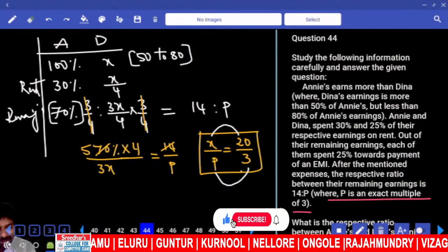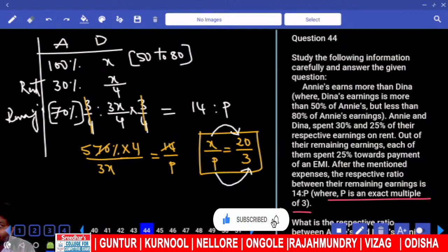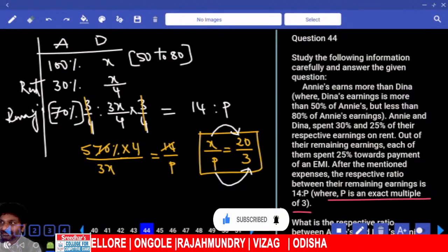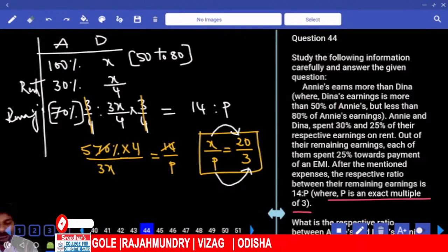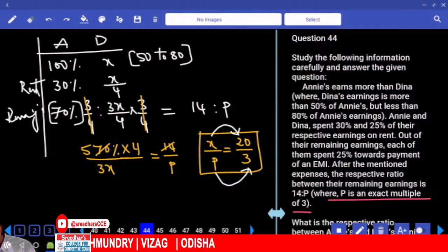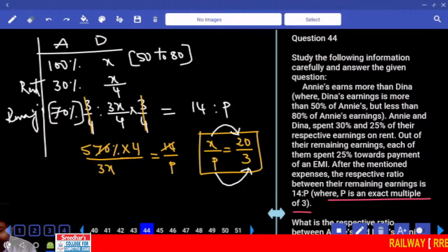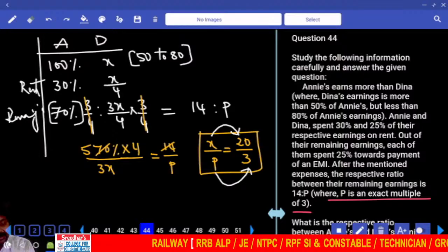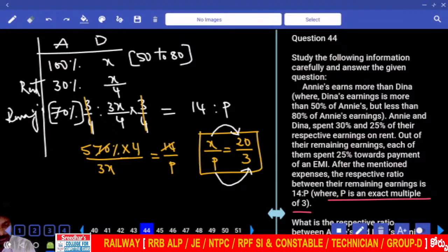P is a multiple of 3, then what should X be a multiple of? It is right in front of you. X by P is equal to 20 by 3. Look at the denominator. P is a multiple of 3. Agreed? Come on. Then x is a multiple of what did you say? 7? How? 20, 14 parts.